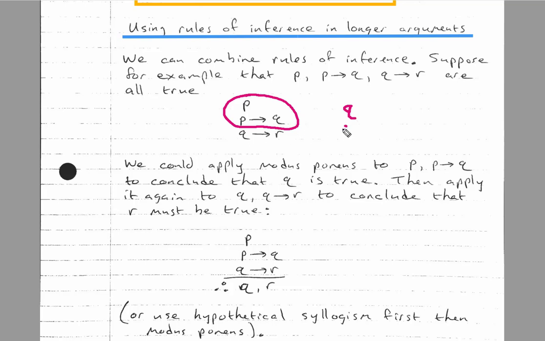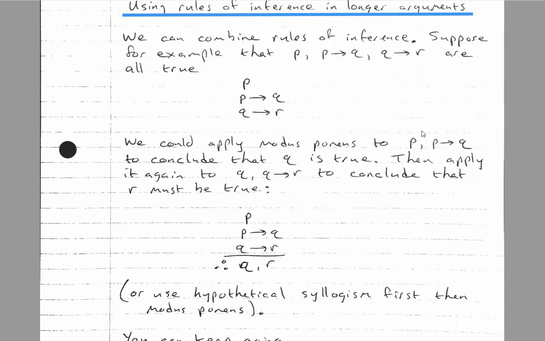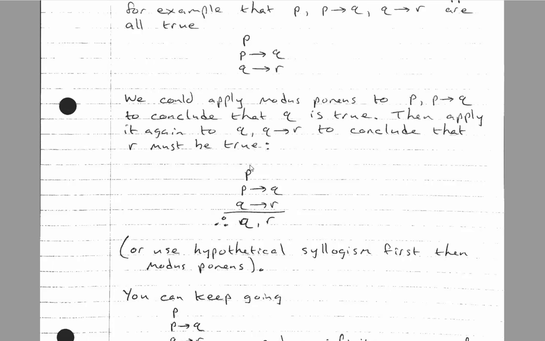Then we know Q is true, and also the third one, Q implies R, so applying modus ponens to that, we get that R has to be true. Just using modus ponens twice, we get that Q has to be true and R has to be true.